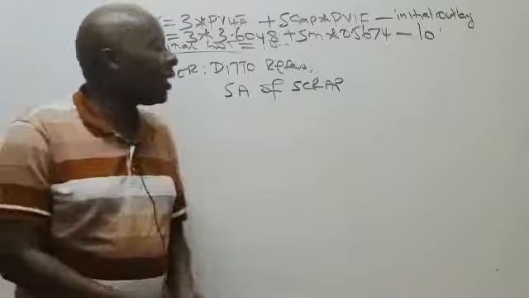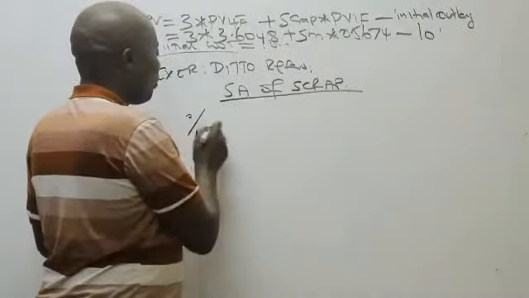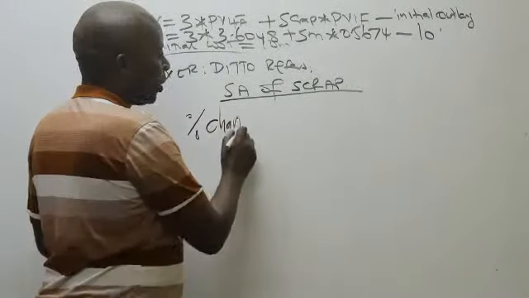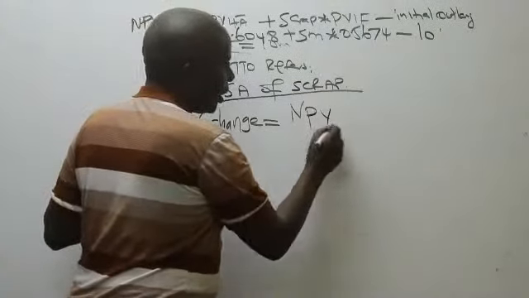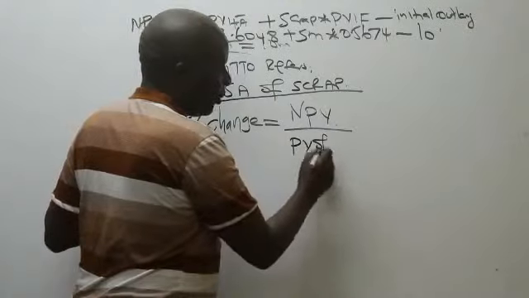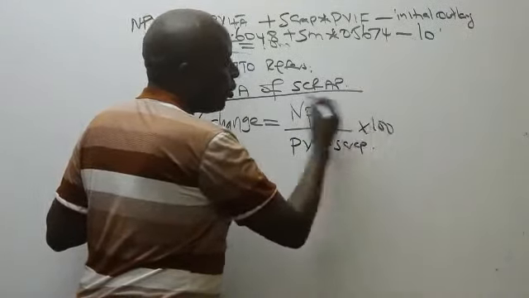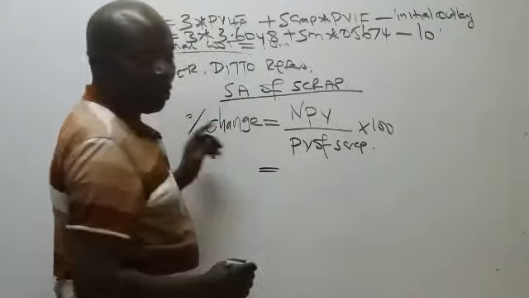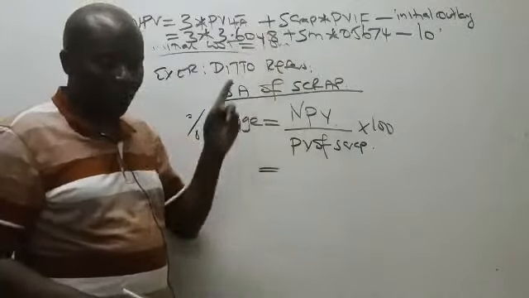They're telling me that this sensitivity analysis involves computation of the percentage change. So the percentage change here will be Silvanus's NPV all over the present value of the scrap, times 100. And fortunately, you've just given me the net present value of Silvanus's model.